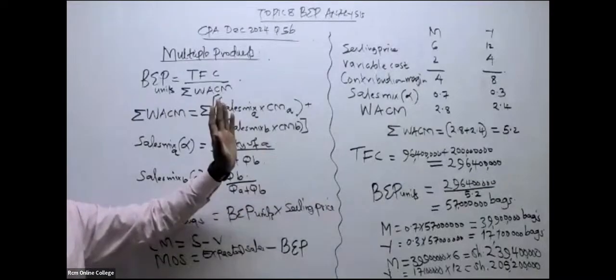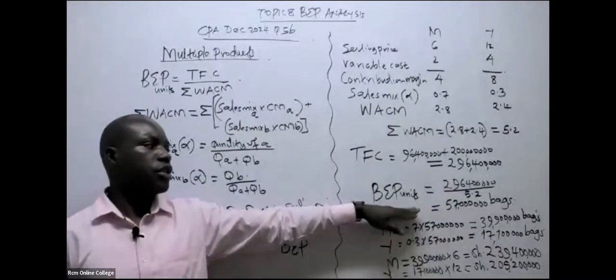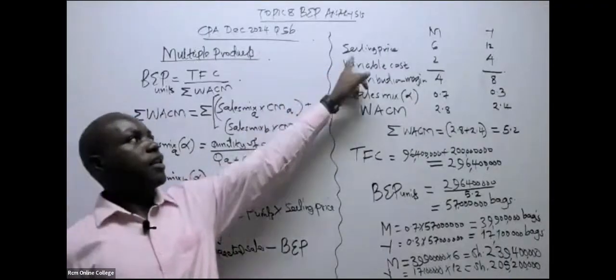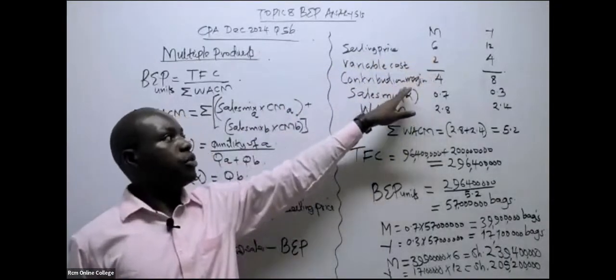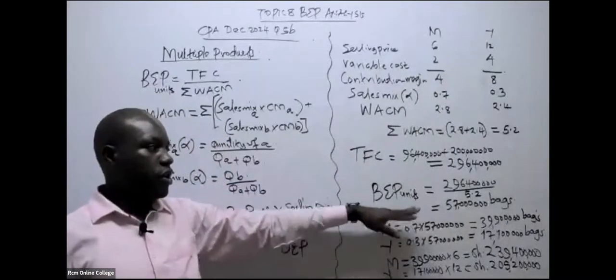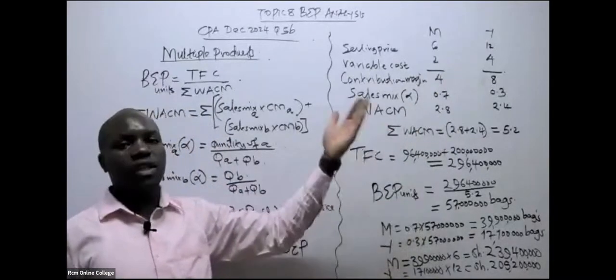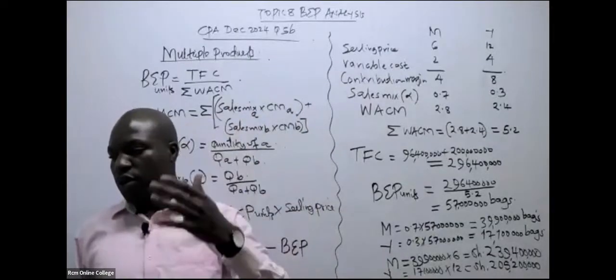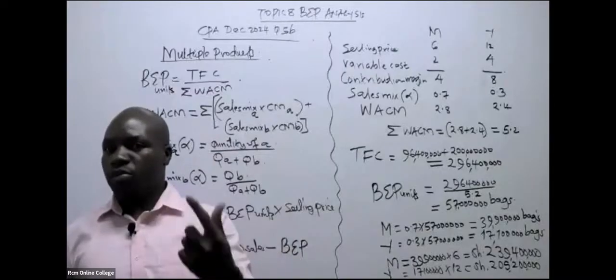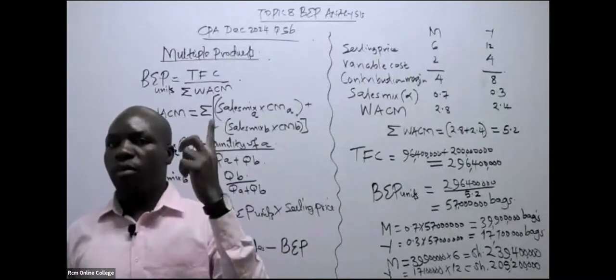That's how you're supposed to do your calculations for the break-even point in units. When dealing with multiple products, the selling price is not the same, and the contribution margin will not be the same. That's why we have to get the break-even point in units first. Once we have it, we use the sales mix ratio to distribute these units to the individual products.